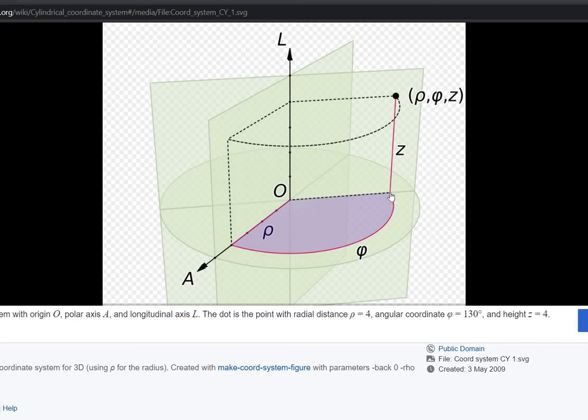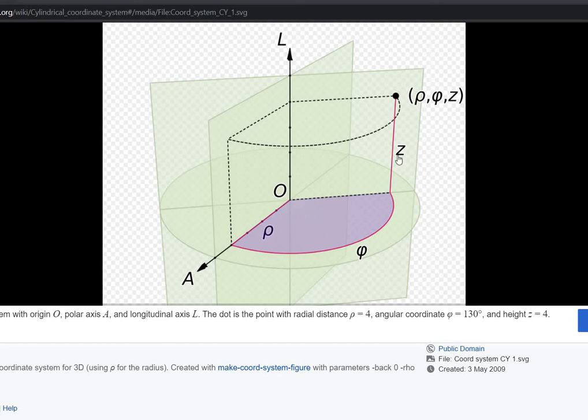When the point falls onto the xy plane, find the distance from the origin to this point. This is rho. Next we have to calculate the angle from the x-axis to this point. This is theta, and here it is written as phi.